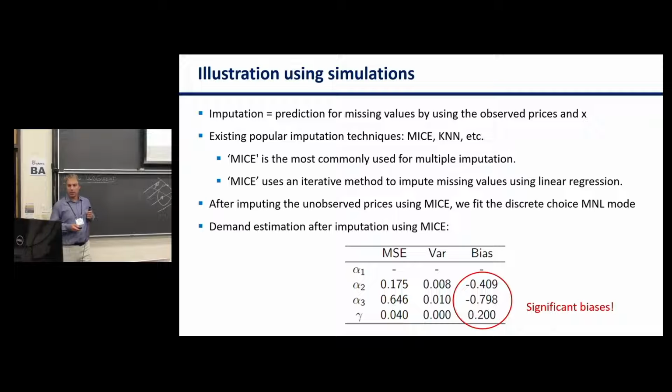So you can see that the bias will be significant if we use... popular, okay, so let's start differently. One of the popular imputation techniques is MICE, which is multiple imputation by chained equations, I think, and this is like multiple regressions on the averaged parameters.